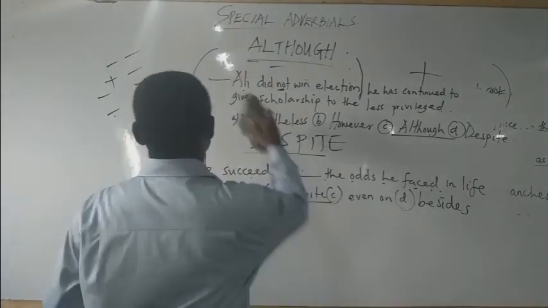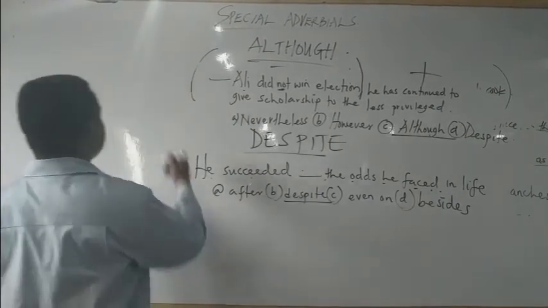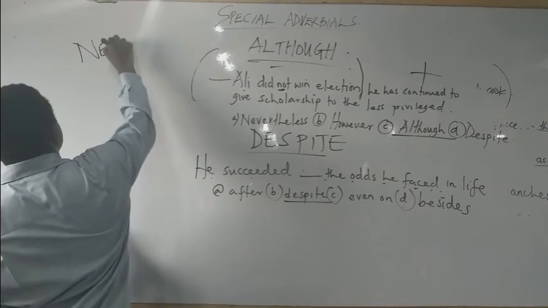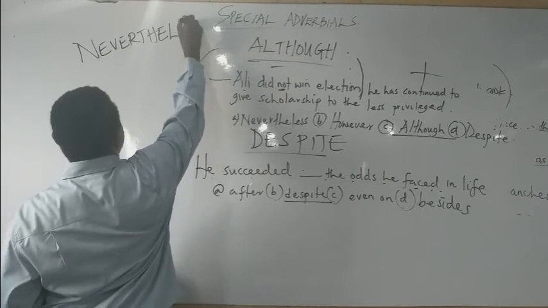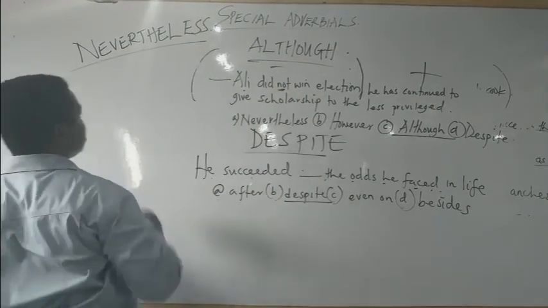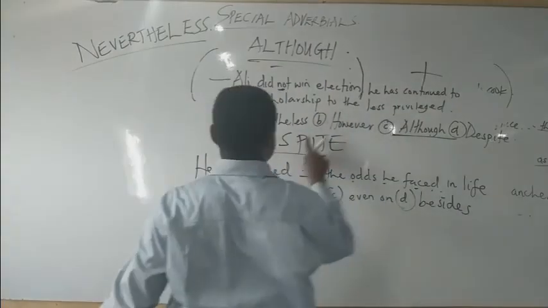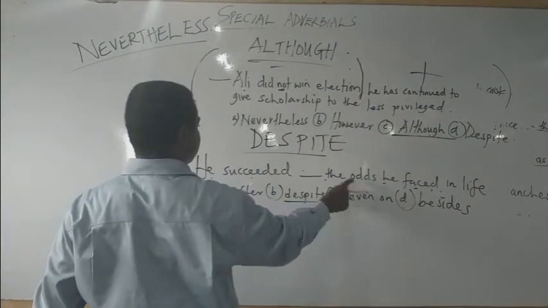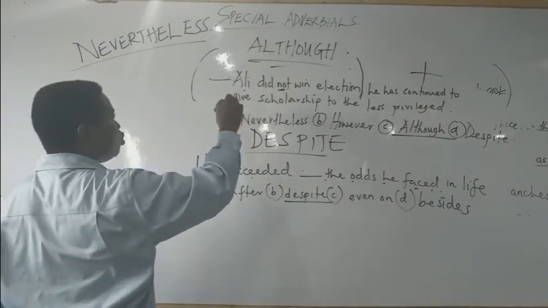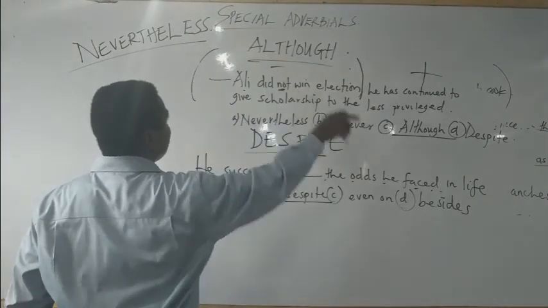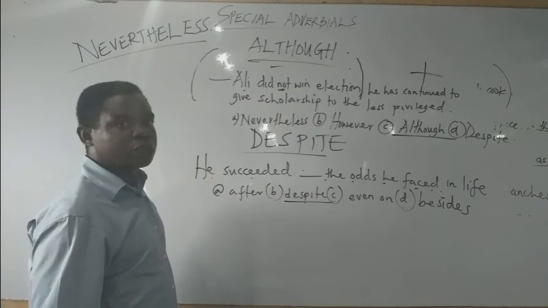Also, in that order, we still have another one. Another special adverbial word usage, which is nevertheless. These are adverbs that have special usage in English. Although we take negative and positive. Despite, we show an action that occurs against one's wish. Besides will be used where you have two negative clauses, in which the second clause is an affirmation of the first clause.